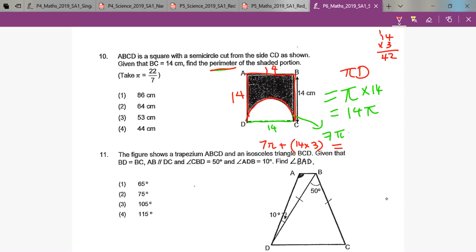The pi, remember, you have to take as 22/7. So it's going to be 22 over 7 times 7 for this part, plus 42, which is basically 22 plus 42, which is 64. So the answer is number 2.